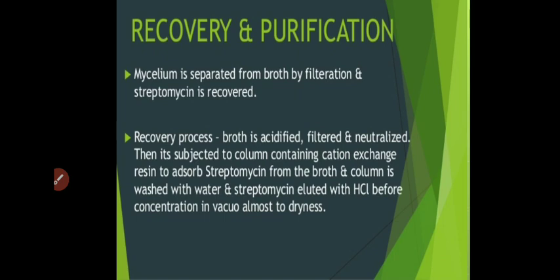Here basically cation exchange resins are used for the separation of streptomycin. The column containing cation exchange resin absorbs streptomycin from the broth. Once the streptomycin is absorbed by these cation exchangers, this column is washed with the help of water.